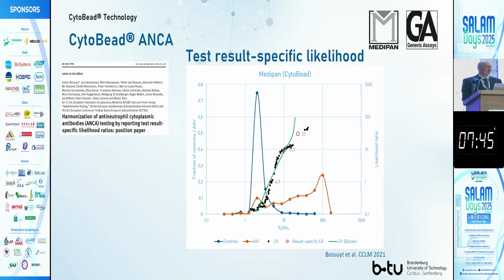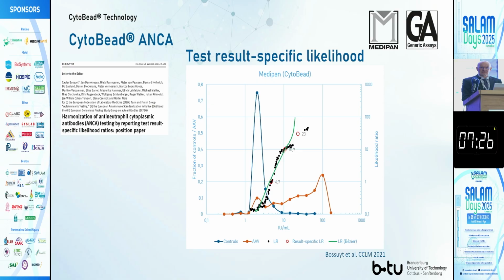This is here a paper that I published together with Xavier Bouzut from Belgium. He is one of the key opinion leaders in the field of autoantibody testing, and he proposes the use of likelihood ratios for the harmonization of autoantibody testing.